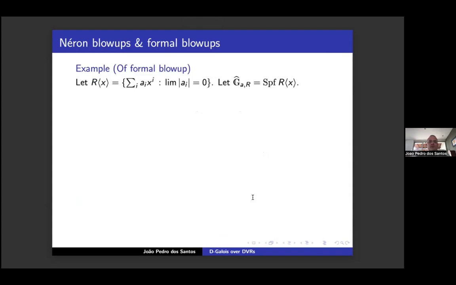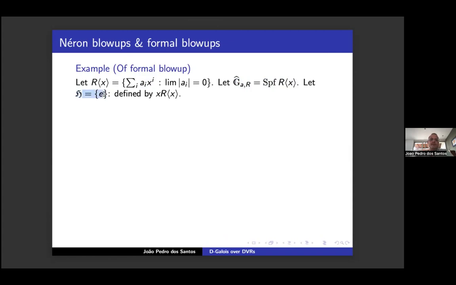And now let me give you an example of formal blow-ups. I start with the affine line, with its additive structure, and I complete t-adically. What are functions on the affine line? They're just polynomials. And if I want to complete for the t-adic topology, I just want the coefficients to be divided by higher and higher powers of t. So this is this object, which shows up in other contexts. And then I blow up the identity. I'm giving simple examples.